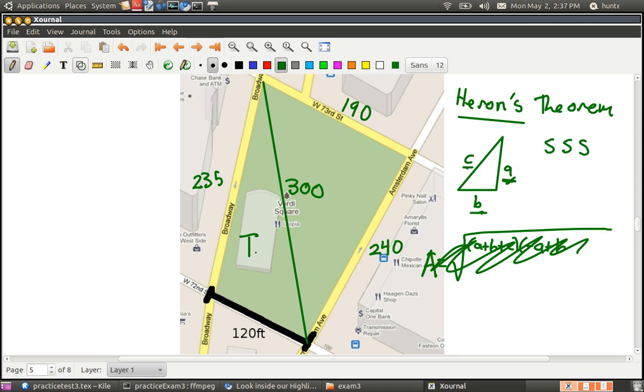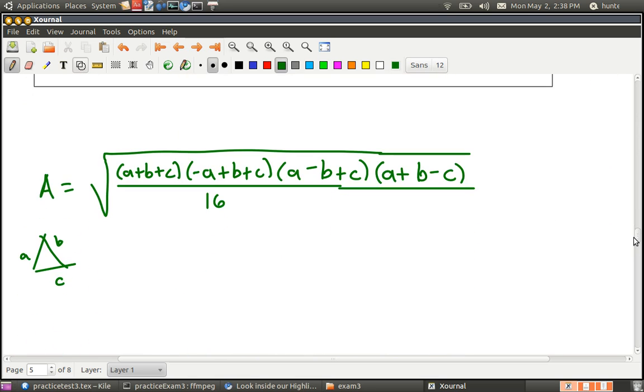Let's call this triangle 1, which is Broadway, 72nd Street, Amsterdam, and then I also have this other triangle over here, T2, which is Broadway, Amsterdam, and 72nd. So the answer to this question is just the area of T1 plus the area of T2. For each one of these separately, you use Heron's theorem to find these areas. You just plug stuff into this formula.